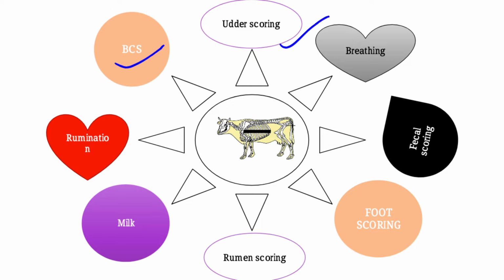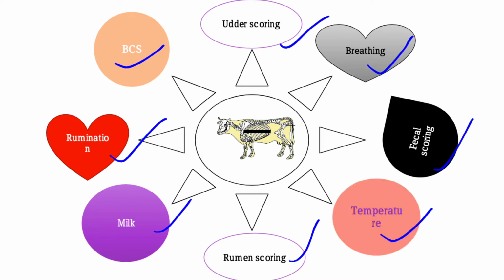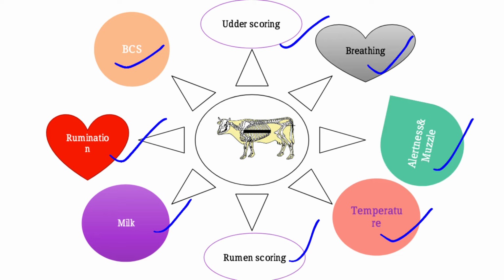The second is udder score in dairy production, then breathing rate, normal or abnormal, and fecal scoring, which indicates health. Then there are rumen scoring, milk, and whether the cow is ruminating or not. Another one is temperature, and the last is alertness. The muzzle of the animal also shows some signals, which have to be read based on your skill.